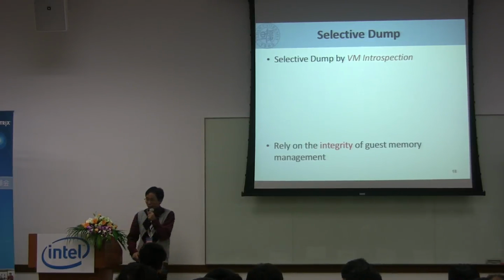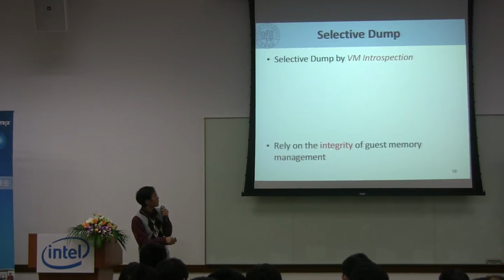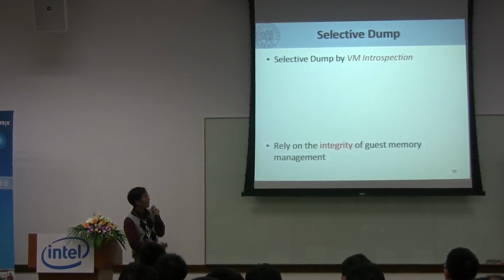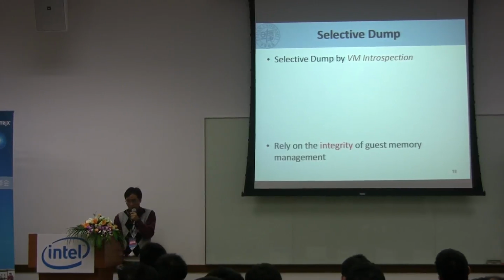The selective dump is based on an assumption that if the VM is crashed, the memory management data structure is still in an intact state. This is a trade-off between the speed of crash dump and the safety of the crash dumped image.